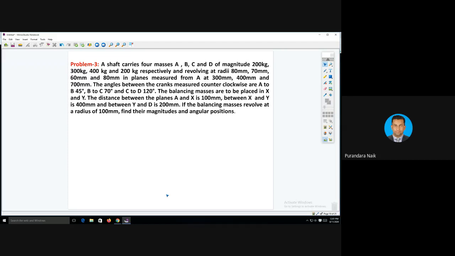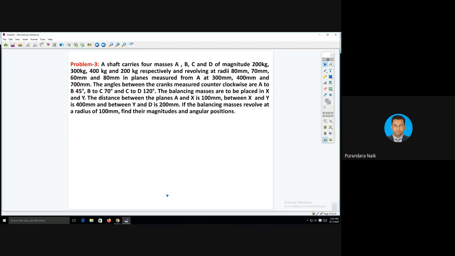Here all four masses are rotating in different planes. So the distances between the planes are given here. In planes measured from A at 300 millimeter, 400 millimeter, and 700 millimeter. B, C, and D are measured from the plane of mass A as 300 millimeter, 400 millimeter, and 700 millimeter.